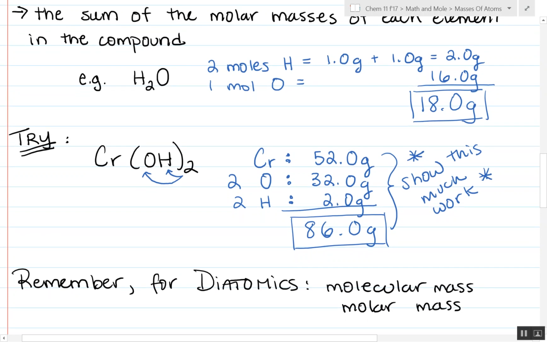Okay, so just a quick reminder for diatomics. For diatomics, remember that's the Hofbrinkel or the 7+1 rule. Those are the elements which are found together. So we describe those as molecular mass because it's a molecule, or the molar mass.